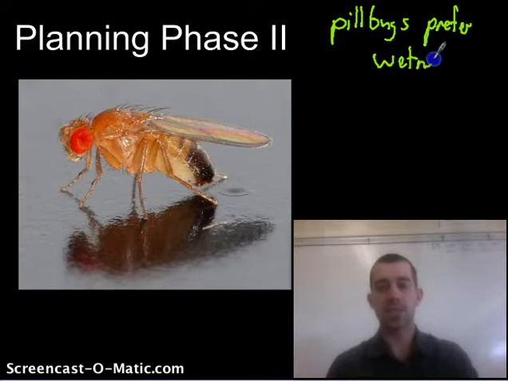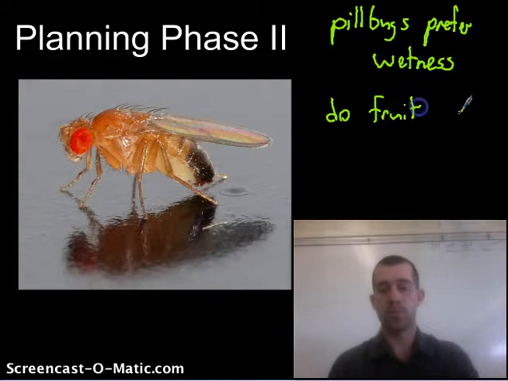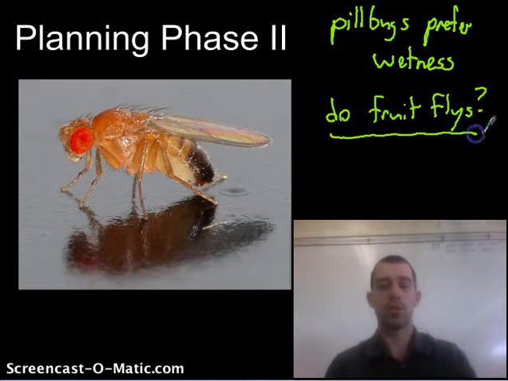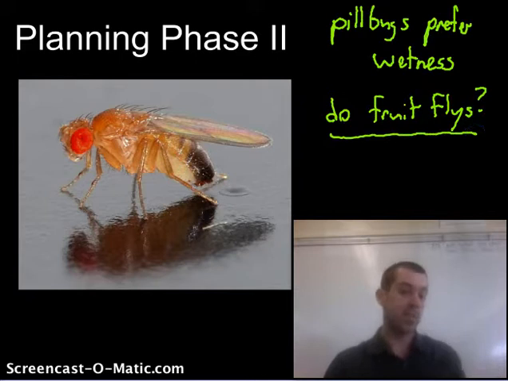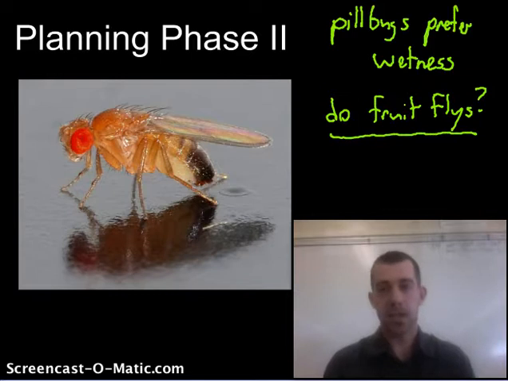And then we might ask the related question of, do fruit flies prefer wetness? Does it apply for other small organisms? Not necessarily related. You know, the fruit fly is an insect and the pill bug is actually not an insect. But, you know, is there some relationship there?